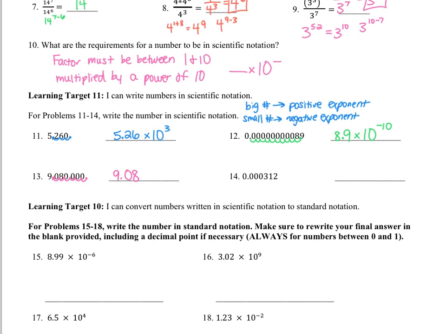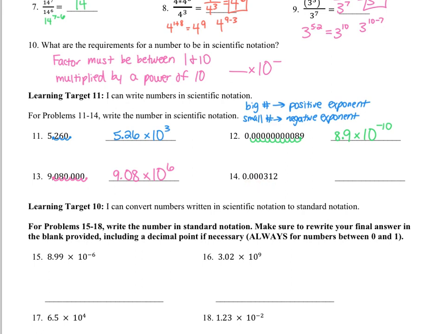I need any digits that are 0 that are between non-zero digits, and the rest of the zeros don't have to be written. Times 10 to that, I just divided by 10, 1, 2, 3, 4, 5, 6 times. So I need to turn around and multiply by 10 6 times to make the numbers equal. So it matches. Big number, positive exponent.